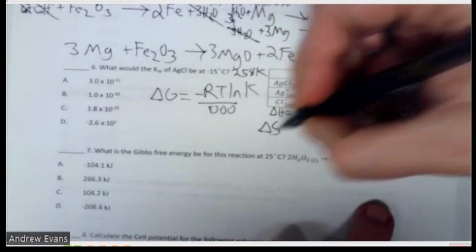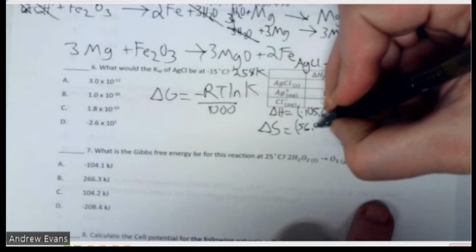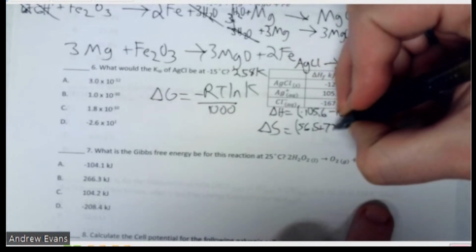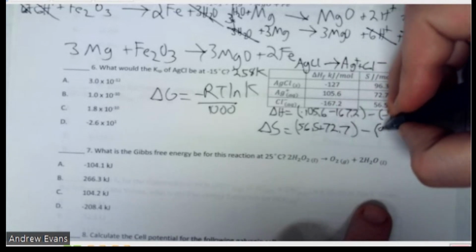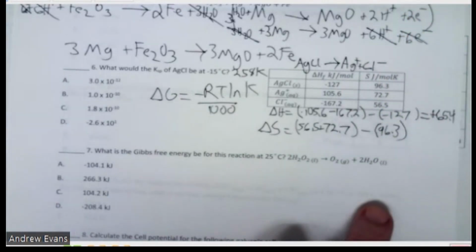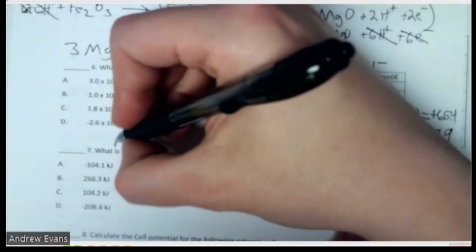Delta S, equally easy to calculate. 56.5 and 72.7 minus 96.3, that's 32.9. So delta G, which we kind of need, but don't kind of need, it'd be 65.4 minus 258 times 32.9 divided by 1,000.